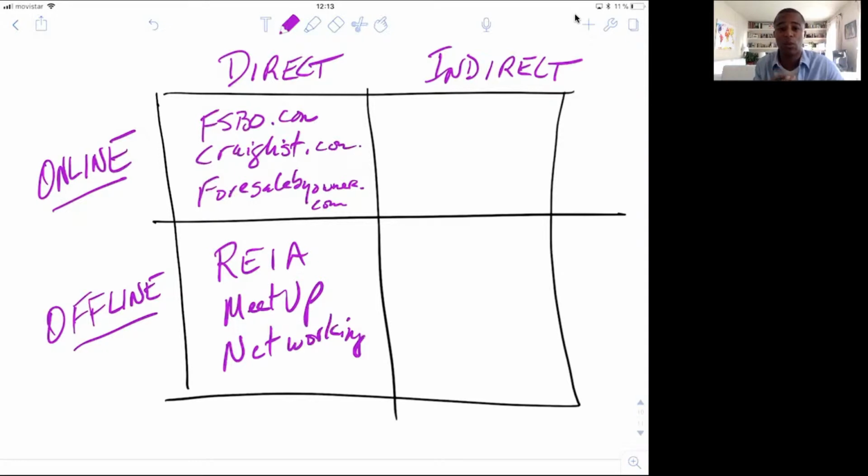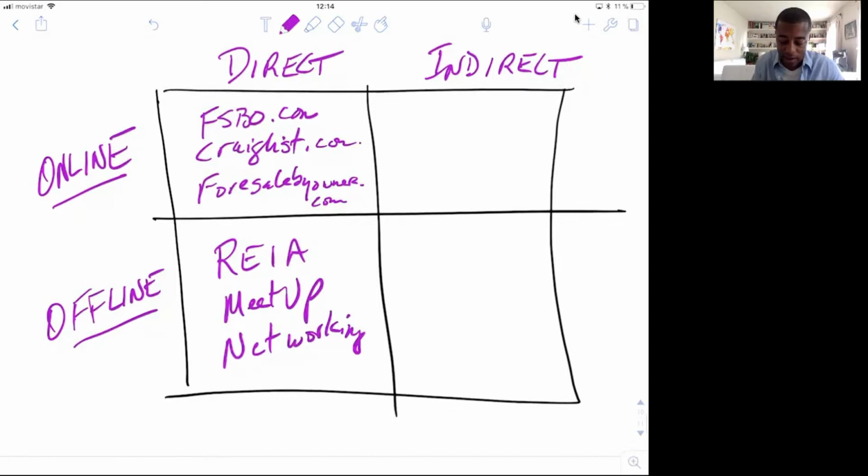Let's look at what this looks like when you also want to find these multifamily properties, but you want to do that indirectly, meaning that you don't necessarily want to work with the end seller. So what would that look like? Now, there's a couple of different resources. One of probably the most famous is loopnet.com. But the idea here is you're going and you're finding properties, and when you're finding those properties, you're more than likely going to be connected with an agent or a realtor.